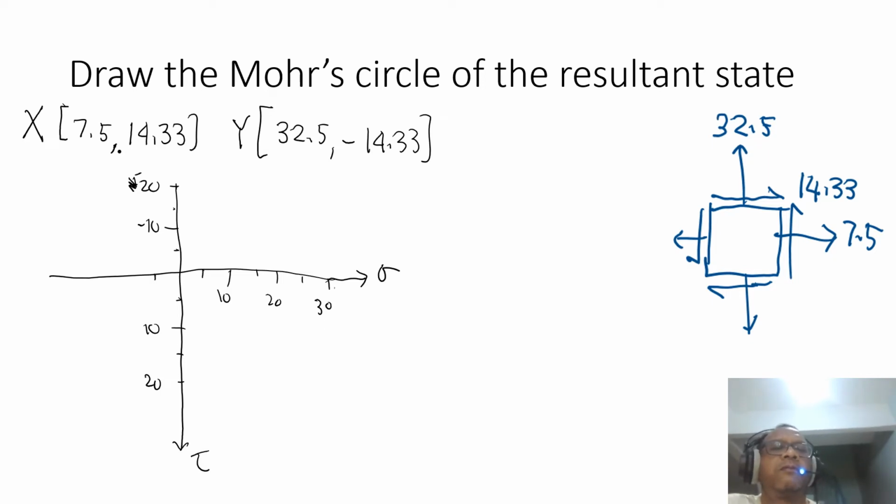So we have got the first coordinate 7.5 and 14.33. And this is our new x. And then the y surface is 32.5 and minus 14.33. So this is our y surface.